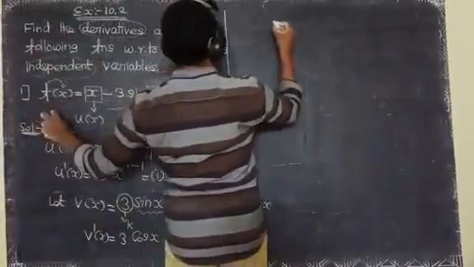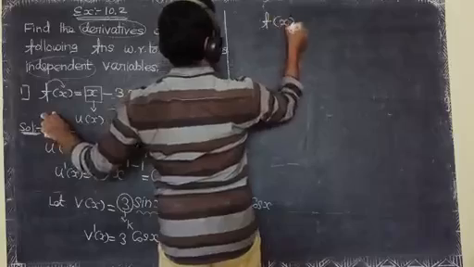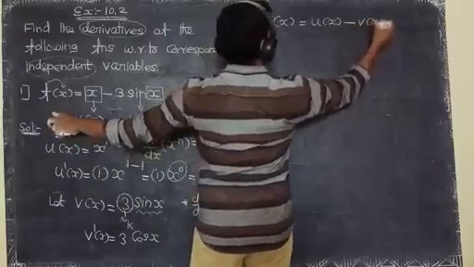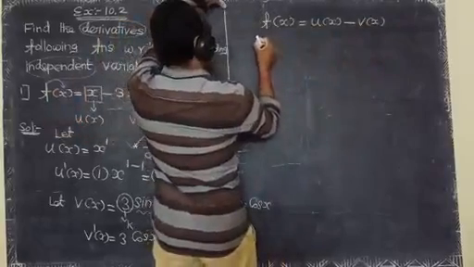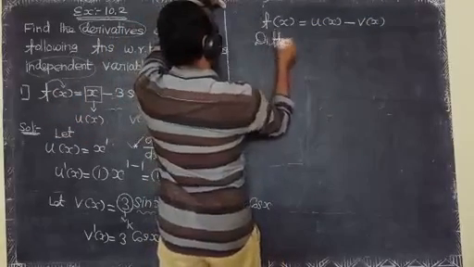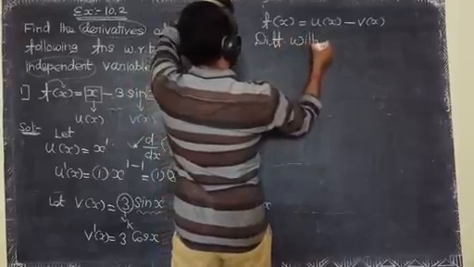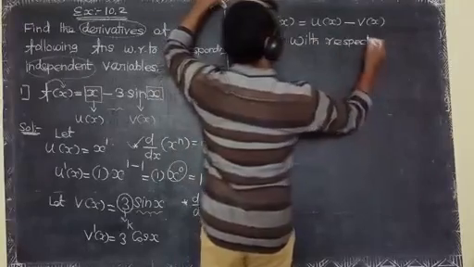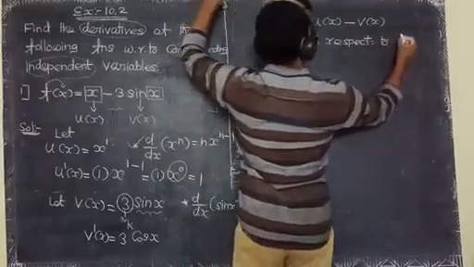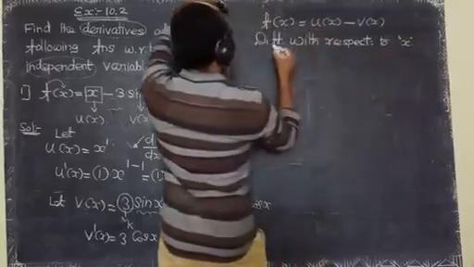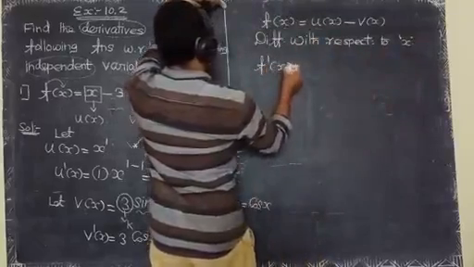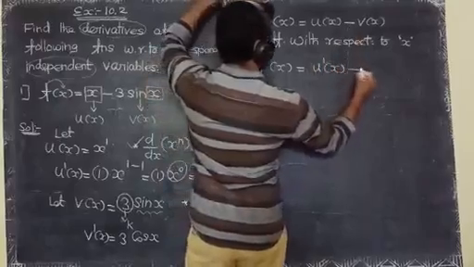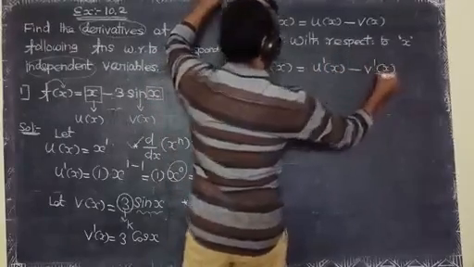Here, given f of x equal to u of x minus v of x. Differentiation with respect to x means f dash of x, which is equal to u dash of x minus v dash of x.